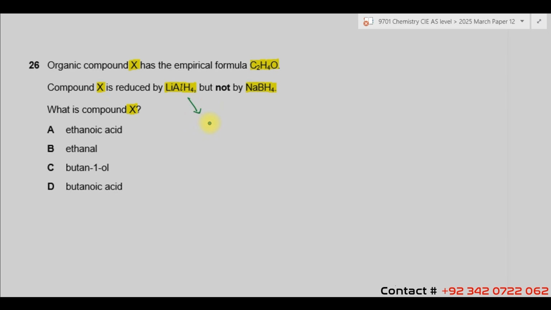It can reduce carboxylic acid. NaBH4 is also a reducing agent, but it cannot reduce carboxylic acid. So the answer must be carboxylic acid.